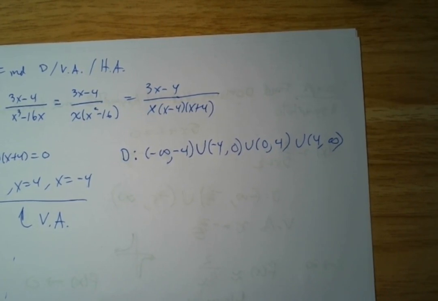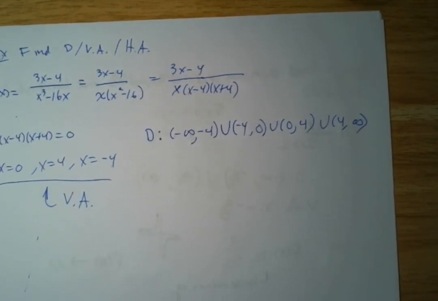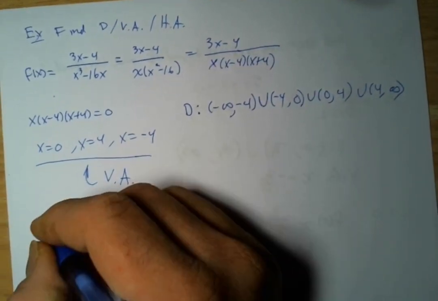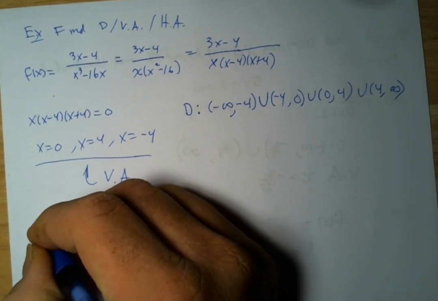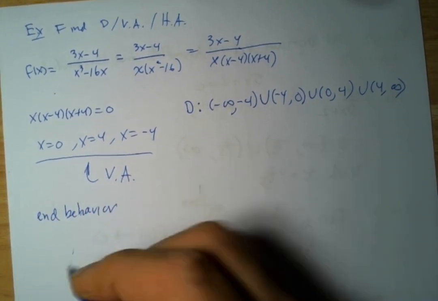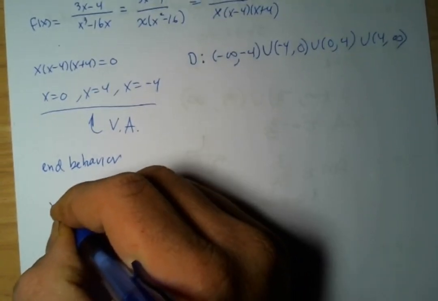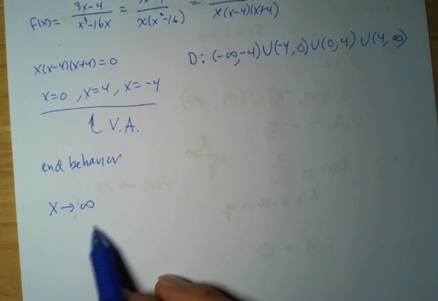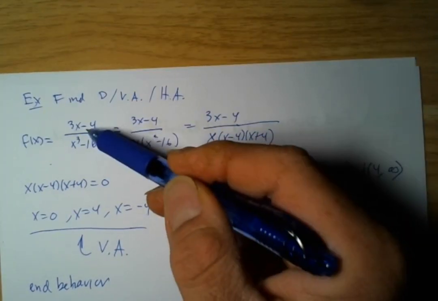Now the next thing to determine is our horizontal asymptote, or our end behavior. Let's take a look at what happens as x approaches infinity. For something like this, I'm going to focus on the leading terms.